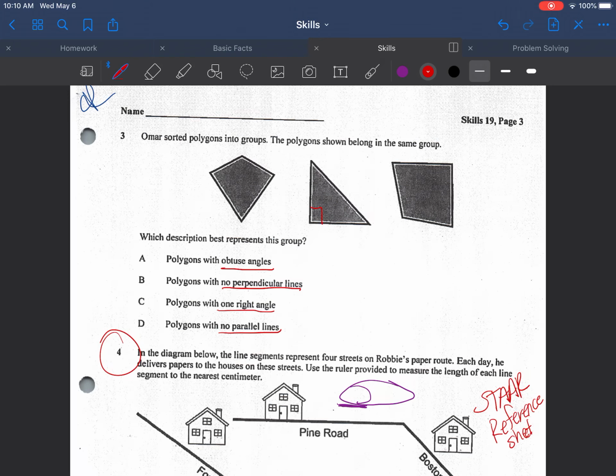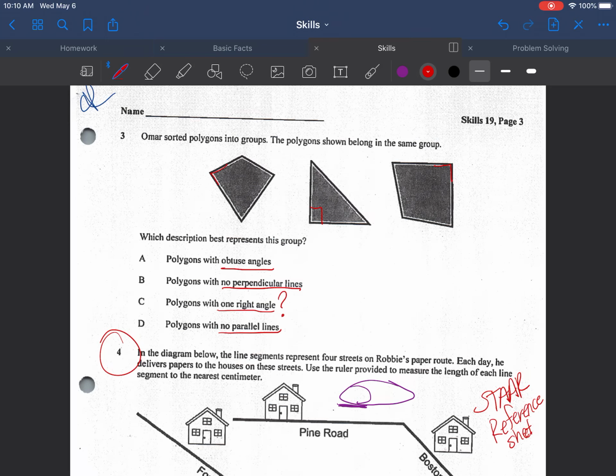So let's go ahead and think about those right now. Right away, if we look at the shapes, this one has a right angle because it's a right triangle. But this one too, right? This one has a right angle at the top. And for the last one, I kind of have to turn it around because you cannot see it.